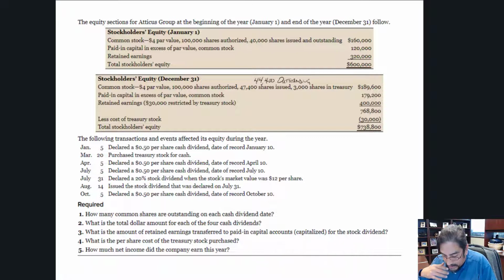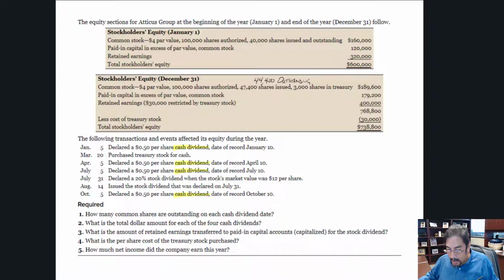So what do they want from us? How many common shares are outstanding on each cash dividend date? Okay, so we're looking for the cash dividend dates. Cash dividend, cash dividend, cash dividend. That's a stock dividend. There's a cash dividend. So we've got 4 cash dividend dates.